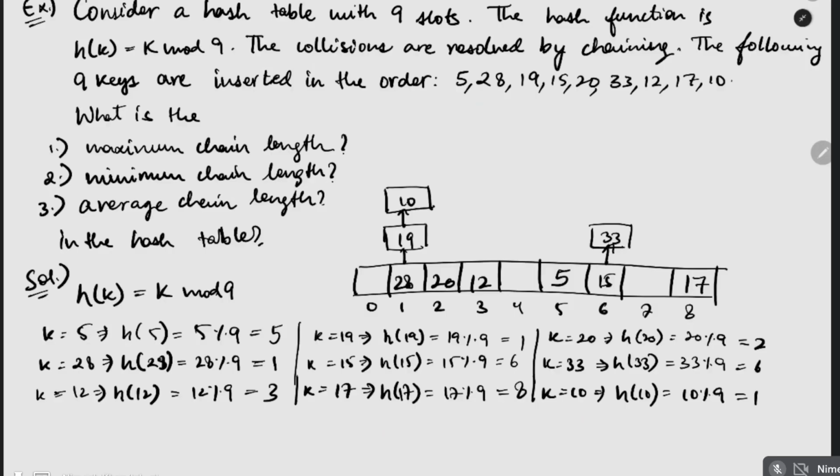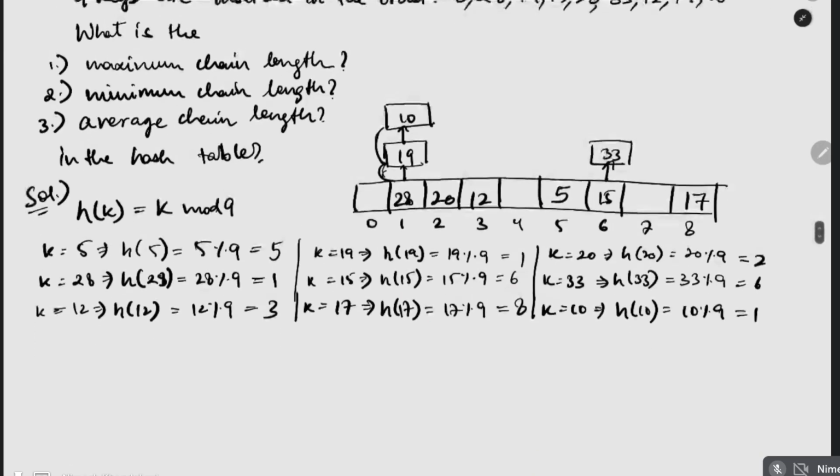So now essentially, what is the maximum chain length in this? It is a chain of 1, 2, and 3, like 3 elements, right? So for the first part, maximum chain length is 3.